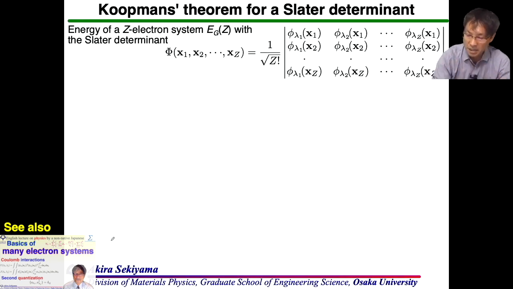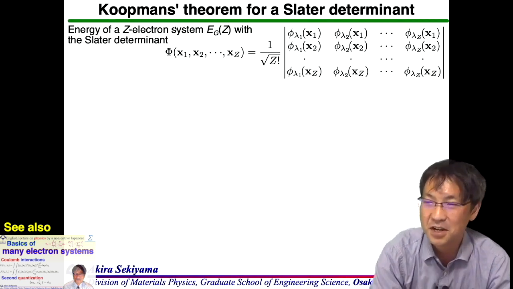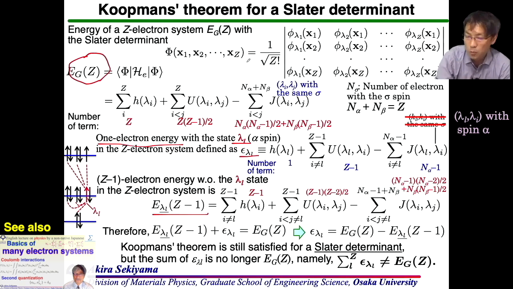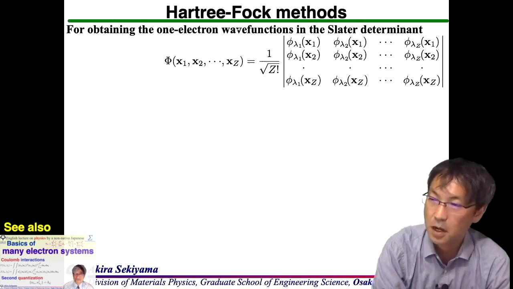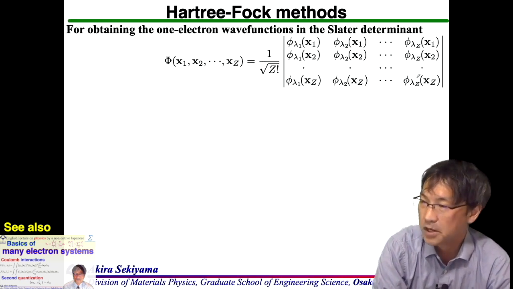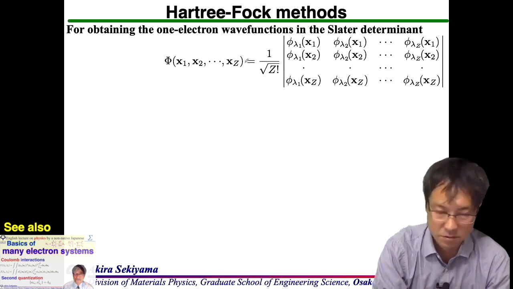Then I expanded this concept to Coulomb and exchange integrals in the general z-electron system. When we consider the many-electron state by using the single Slater determinant, we can define the one-electron energy level for the state lambda_i like this one. The problem is how to solve each one-electron wave function from the given condition.